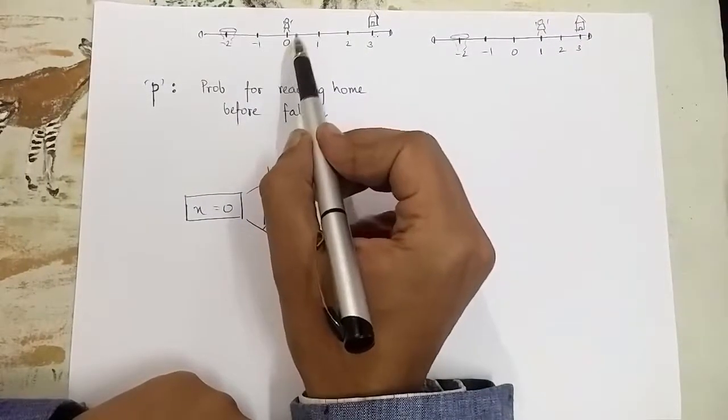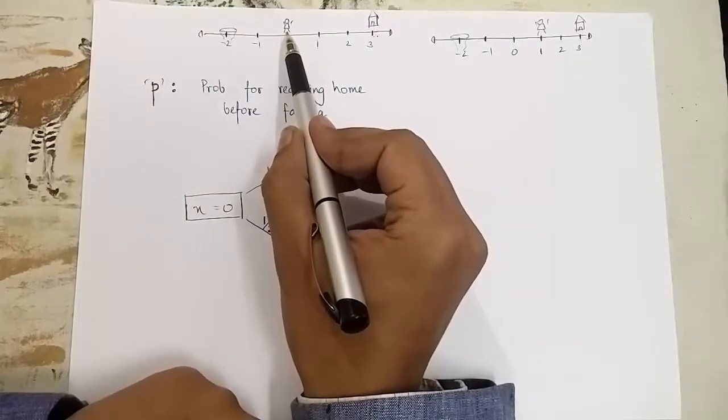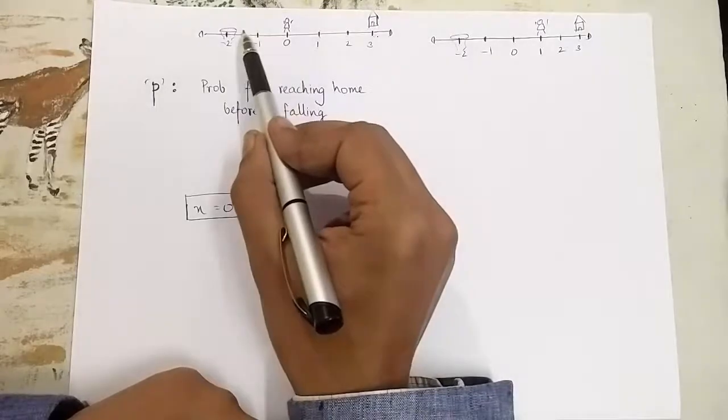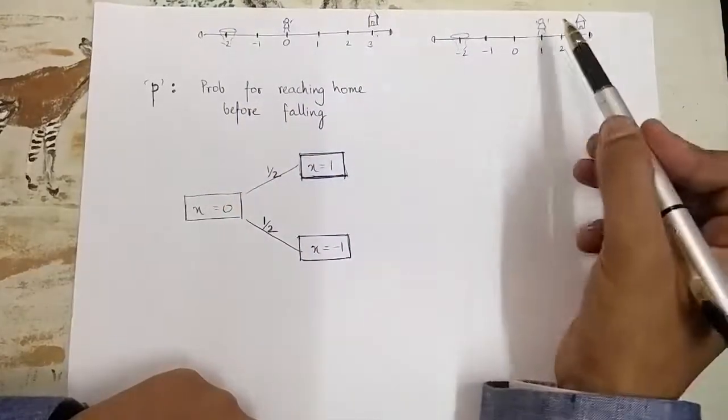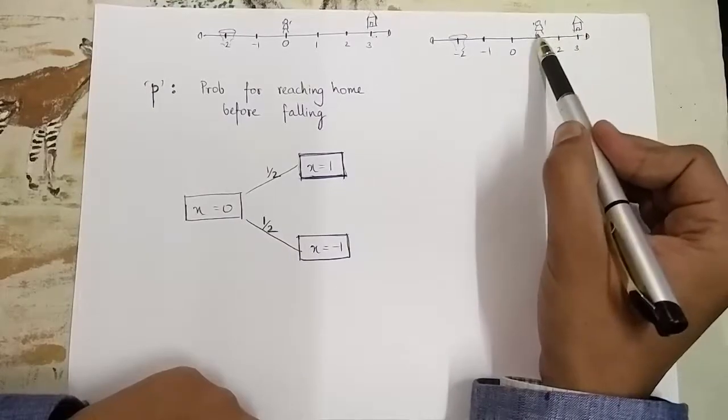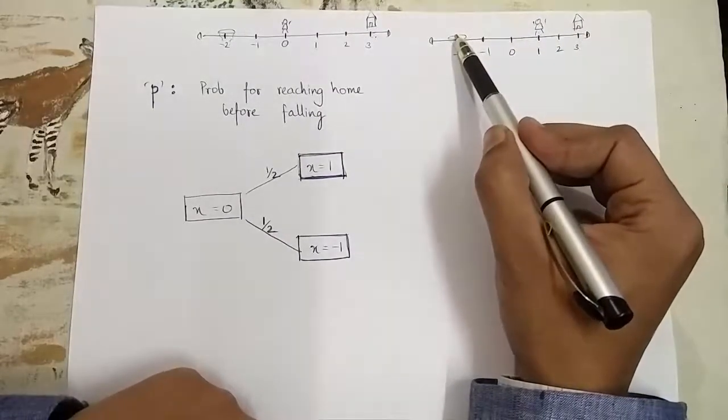Actually, it is exactly the opposite. Over here, he needs to move 3 units in one direction before 2 units in this direction. Over here, he needs to move 2 units in this direction before moving 3 units in this one.